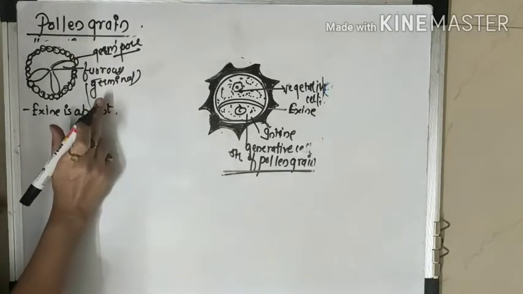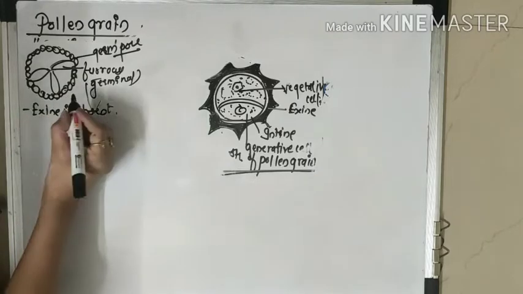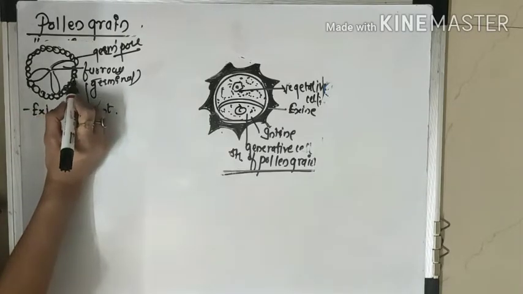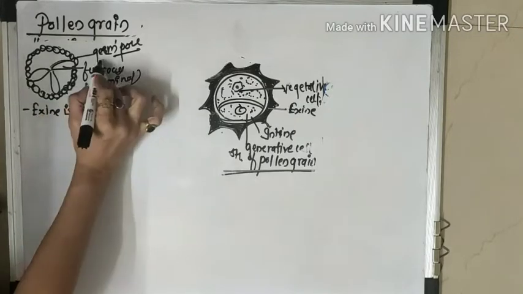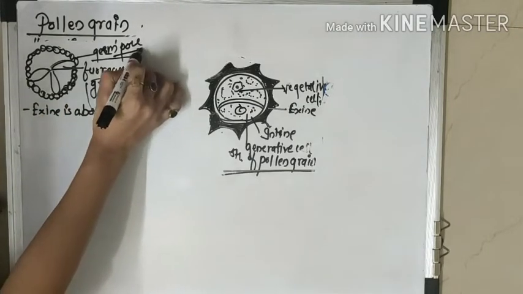So you can see when these areas are circular, they are called germ pores.